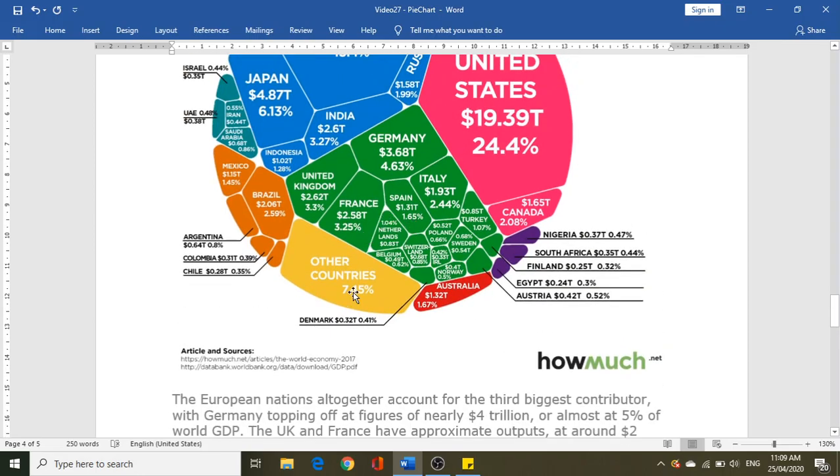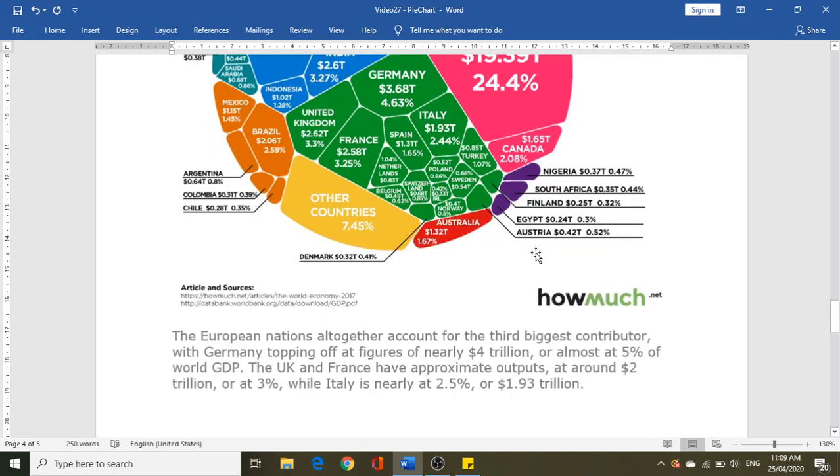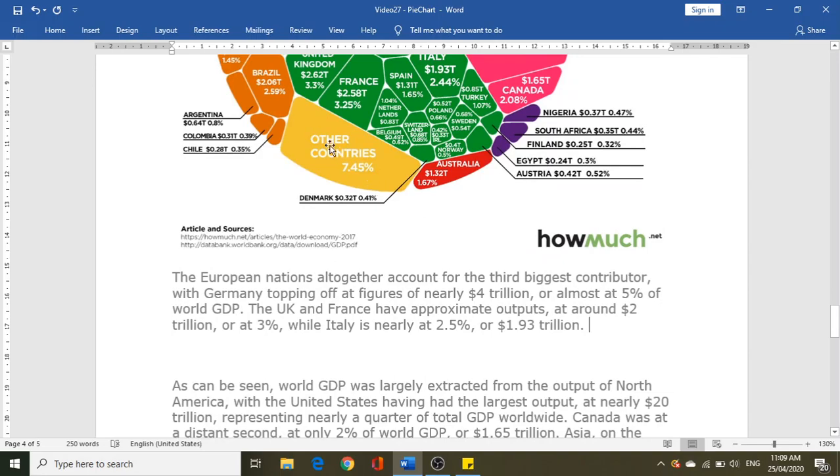And finally, we will just highlight the other regions.